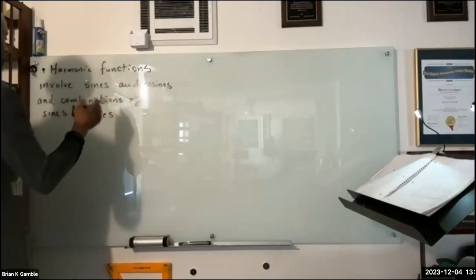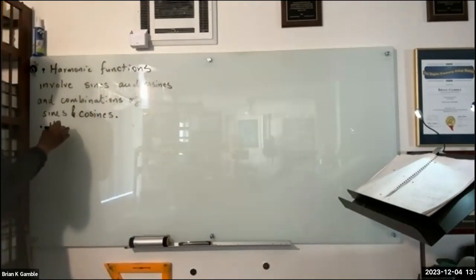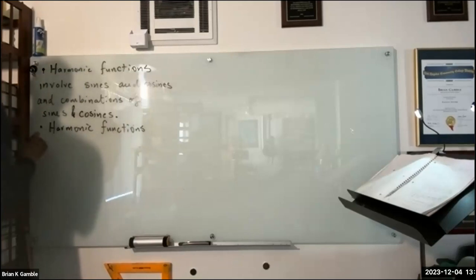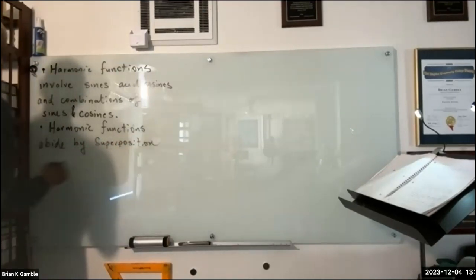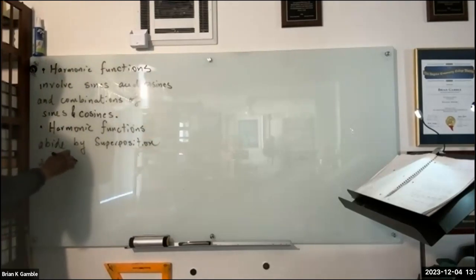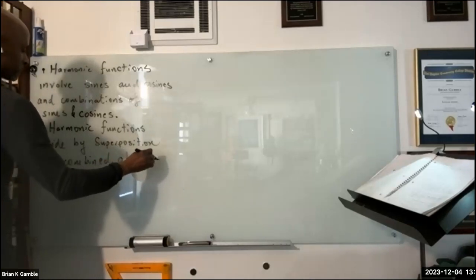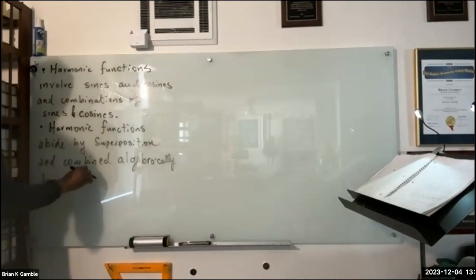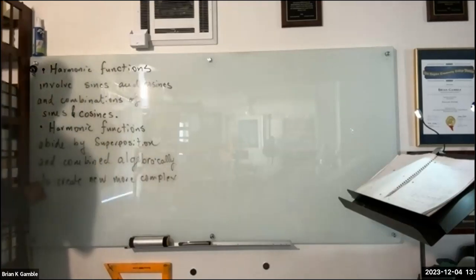So harmonic functions involve sines and cosines and combinations of sines and cosines. Harmonic functions abide by superposition, and can be combined, let's just say algebraically, to create new or complex harmonic functions.